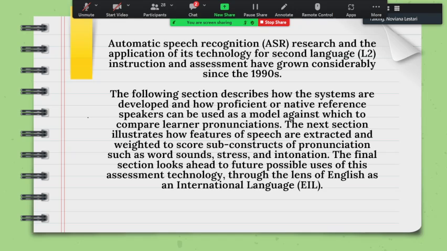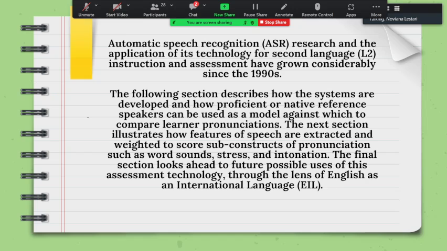One of the first automated pronunciation evaluation systems was developed to assess the pronunciation quality of Japanese learners of English reading aloud. The following section describes how the systems are developed and how proficient or native reference speakers can be used as a model against which to compare learner pronunciations.